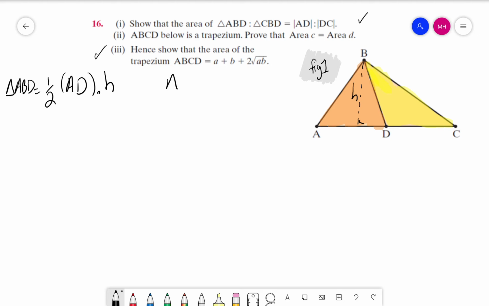And the area of the other triangle, BDC, is equal to half the base. The base of this triangle is DC.